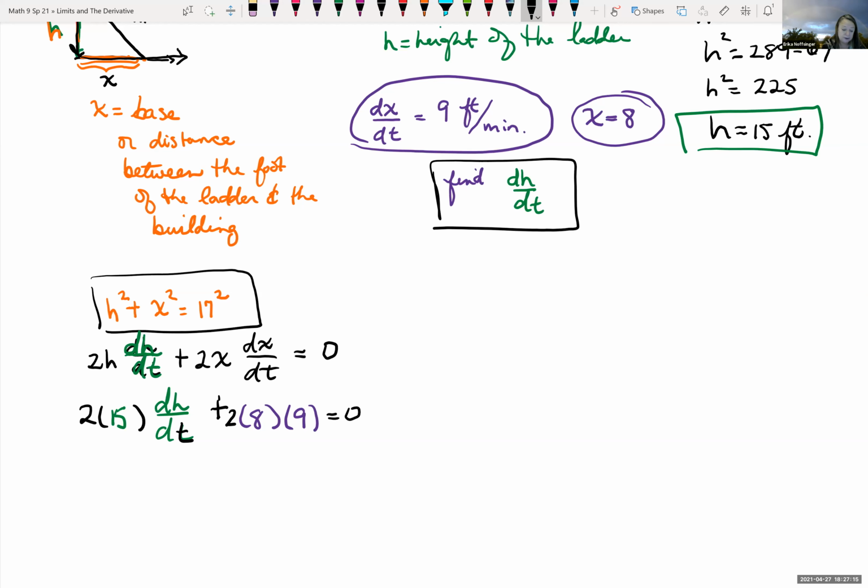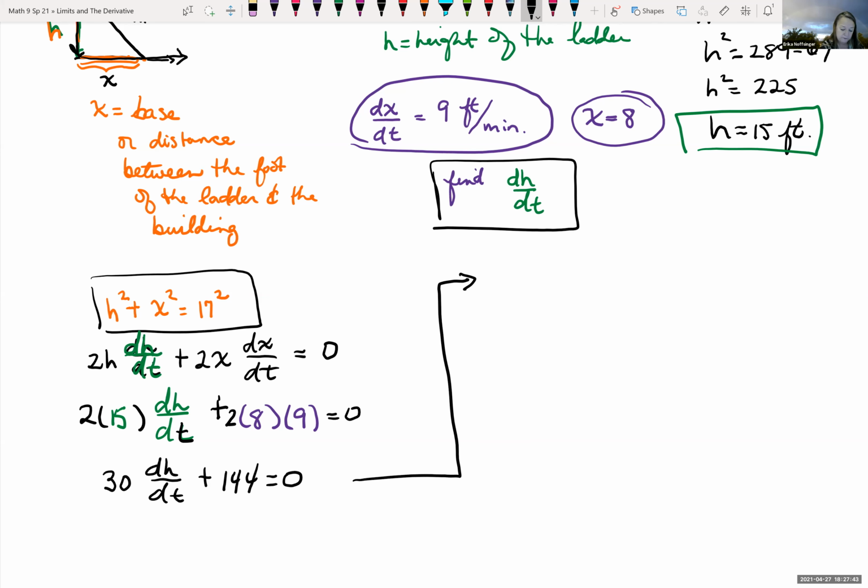So we have 2 times 15, so we have 30 dh/dt, plus 2 times 8 is 16. 16 times 9 gives us 144, equals 0. So let's get dh/dt by itself.